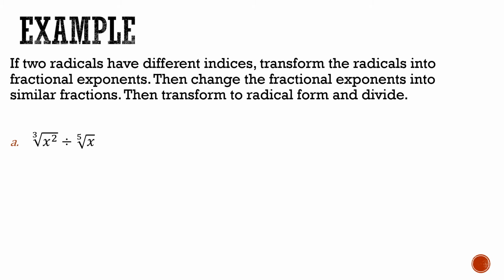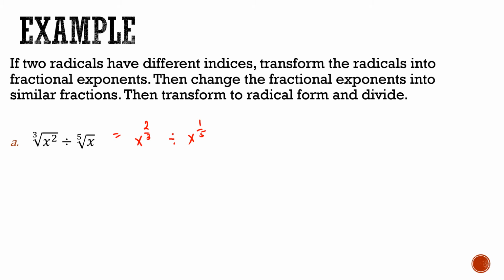So the first thing we should do is to rewrite the given into fractional form. So this will become x raised to 2/3 divided by x raised to 1 over 5. Now, let's make the fractional exponents similar by getting the LCD of each.